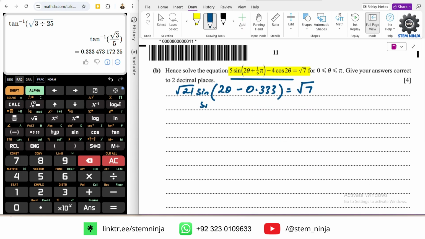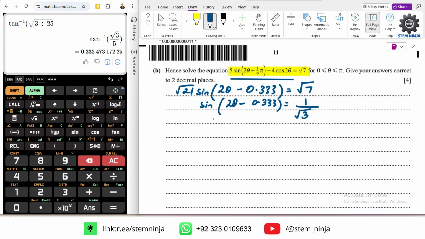Okay, so this would mean that the sine of 2 theta minus 0.333 is equal to root 7 over root 21. 7 over 21 is 1 over 3, so square root of that is 1 over root 3.